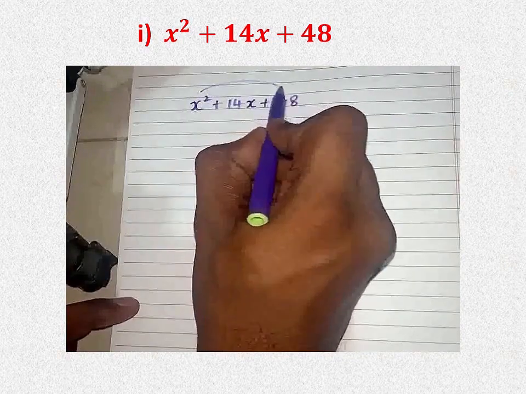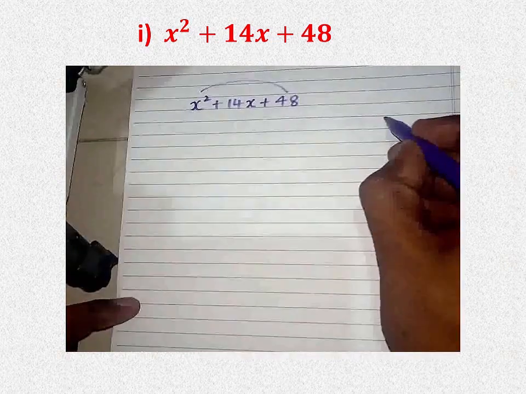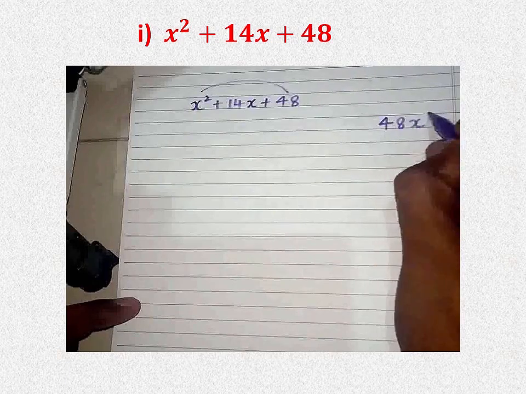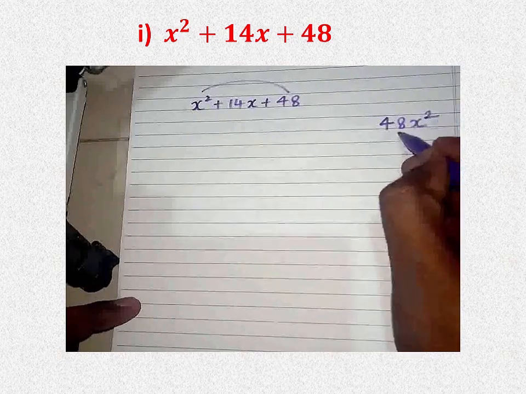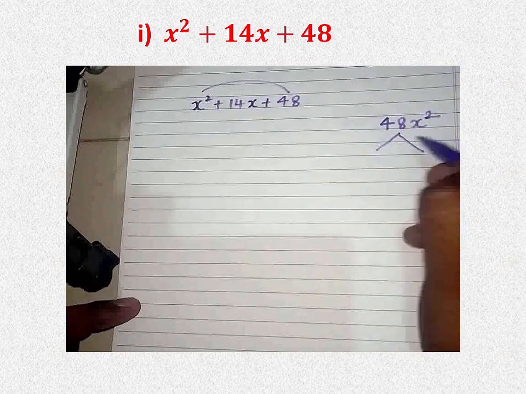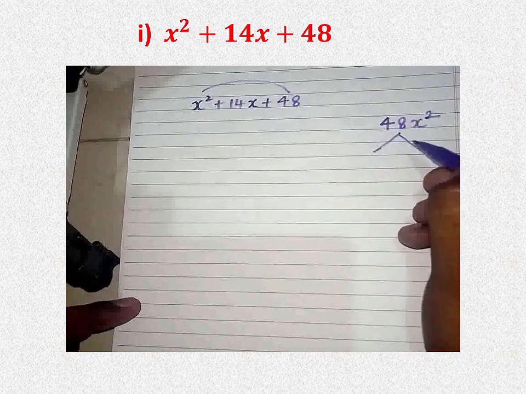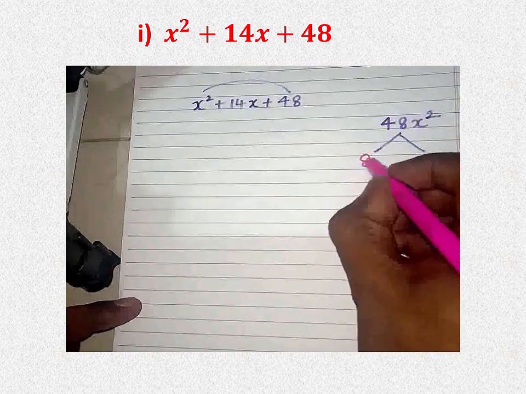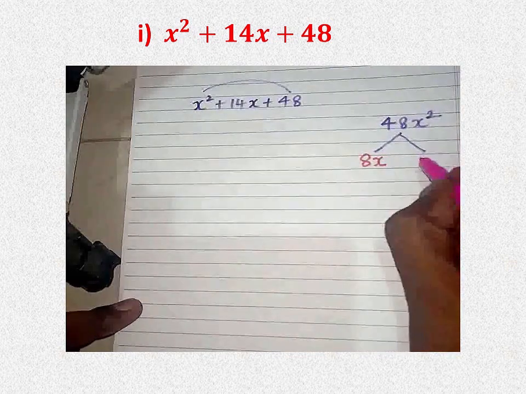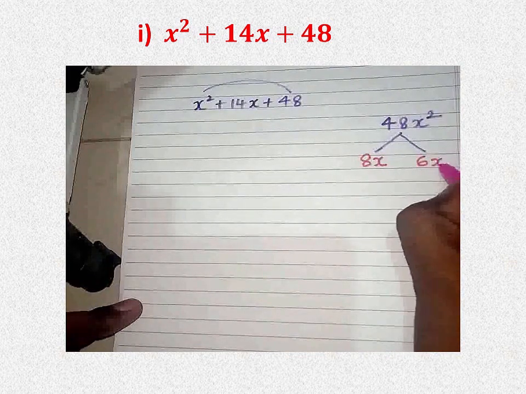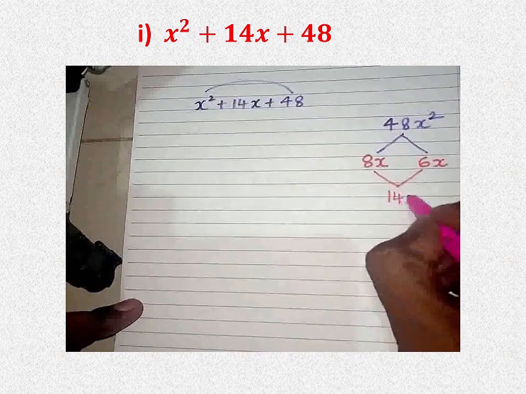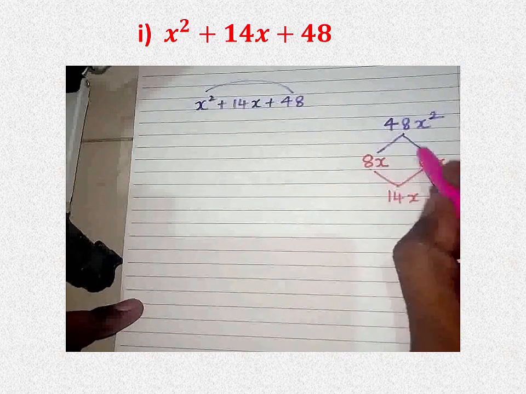The first step is to multiply the first term and last term, that is x square into 48, which will give you 48x square. If you multiply, you should get 48x square. If you add, you should get 14x. The numbers are 8x and 6x. 8x into 6x is 48x square. 8x plus 6x is 14x.